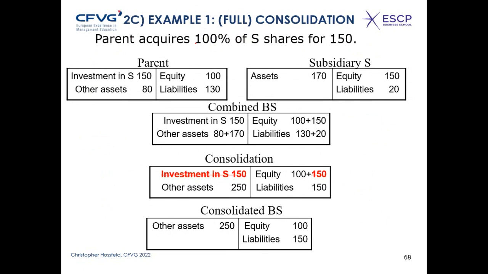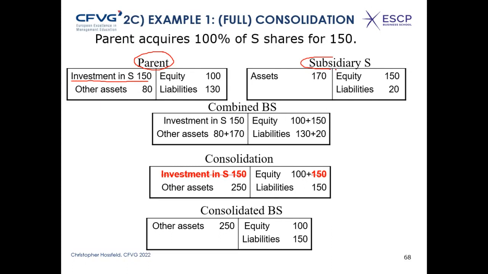Okay, the parent company acquires 100% of S shares for 150. So here I have the individual balance sheet of the parent company. So it's in IFRS, it's in the same currency, we're all good. And on the asset side of this balance sheet, I see the investment in the subsidiary at purchase price, which is 150. I also see some other assets and liabilities.